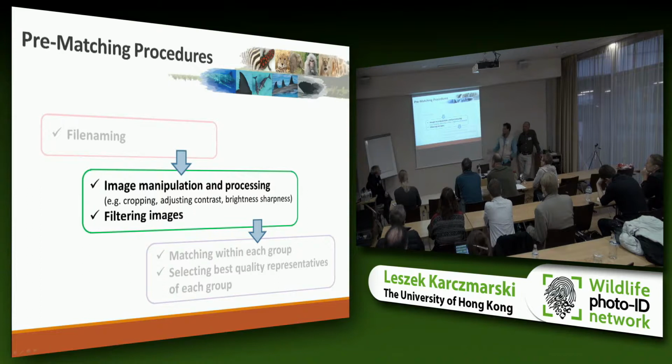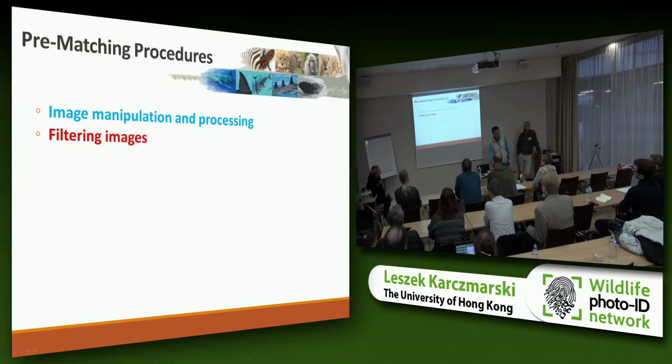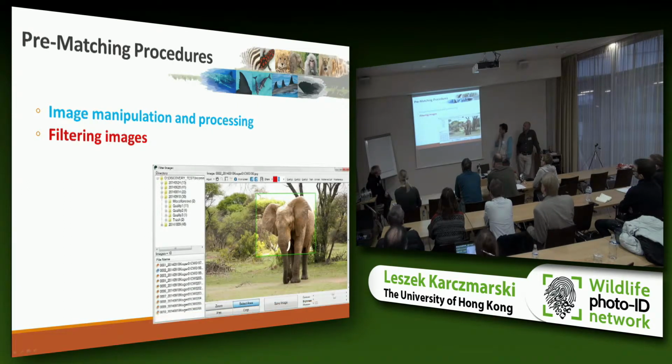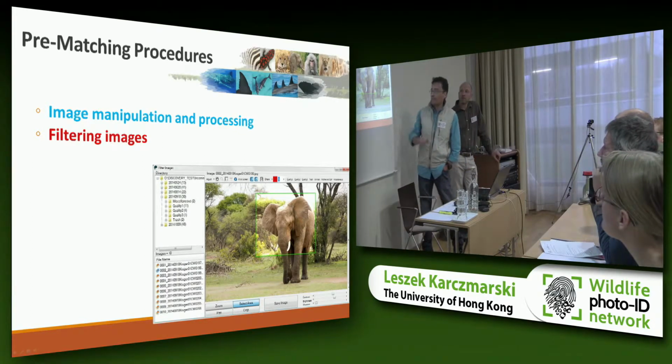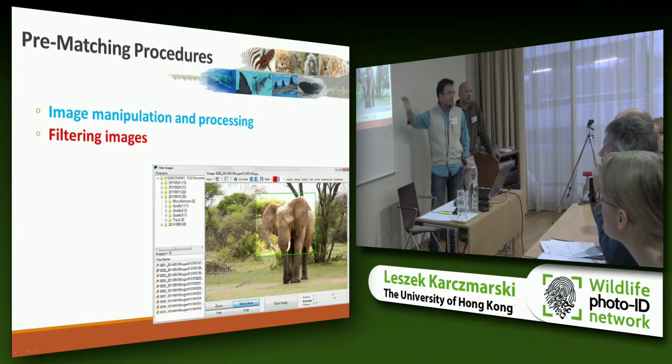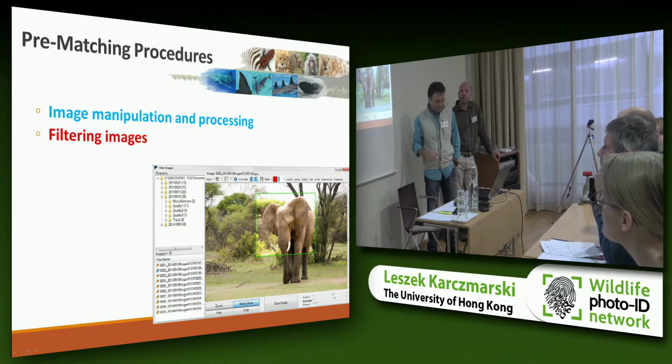And then comes the tedious process of filtering and processing the images, potentially cropping, looking at those parts which are really important, that have all these identifiable characteristics. So if we have an image, like in our case with the work in Africa with elephants, you select the part that contains the information. You can get rid of all the background.